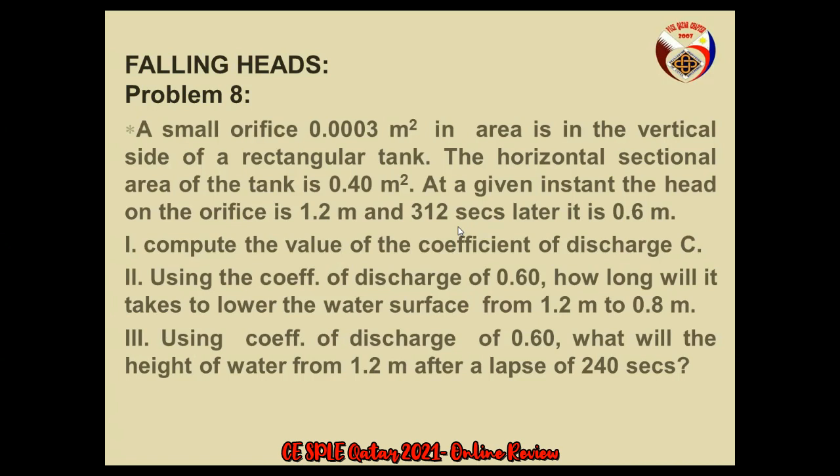Direct substitution lang doon sa formula: twice AS over C, area of orifice, square root of 2g, times square root of H1 minus square root of H2.